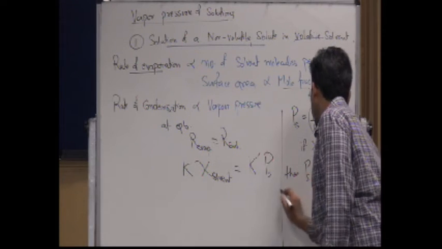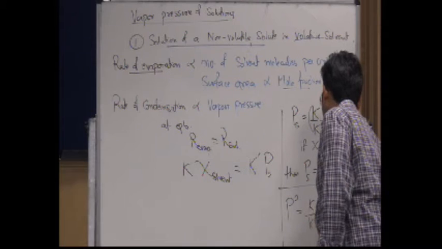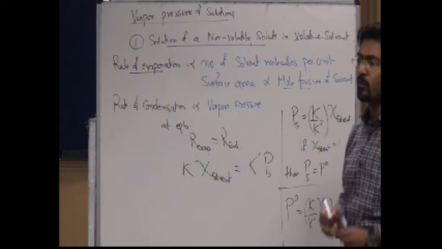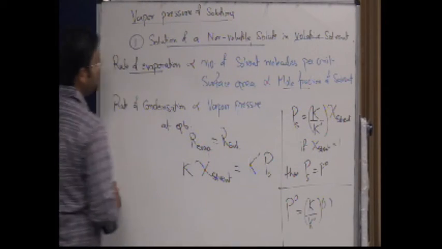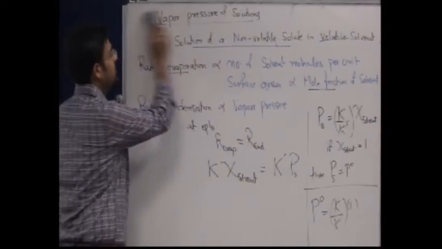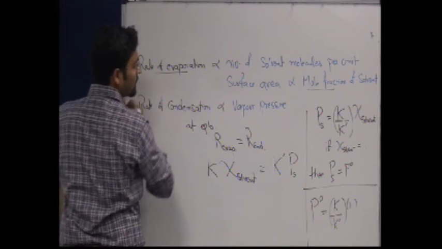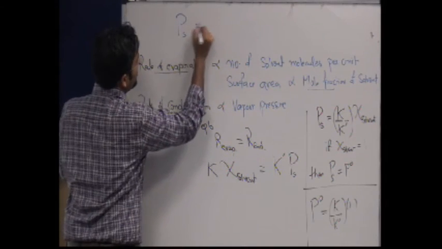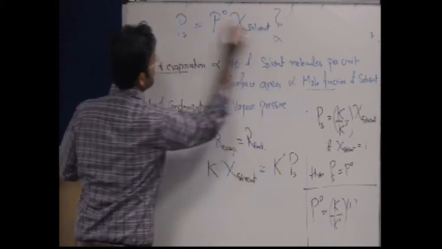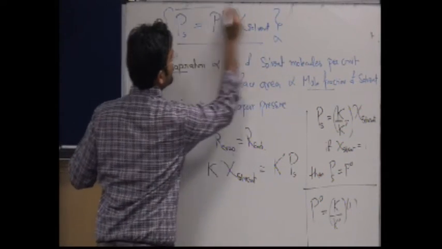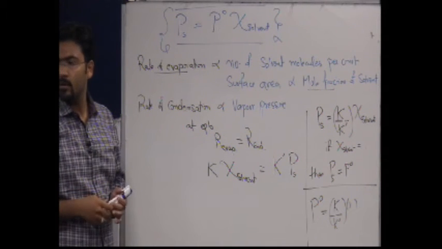Then P naught will be equal to K upon K dash into 1, which means K upon K dash is equal to P naught. So I can substitute P naught here and generate the formula. Can you quickly remove the upper part here? So Ps is equal to P naught into mole fraction of solvent. This relation is also called Raoult's law. Correct?